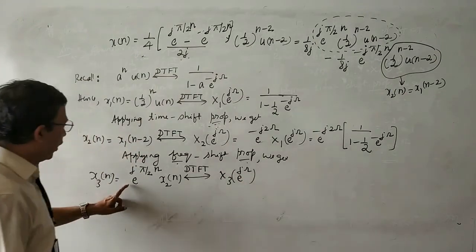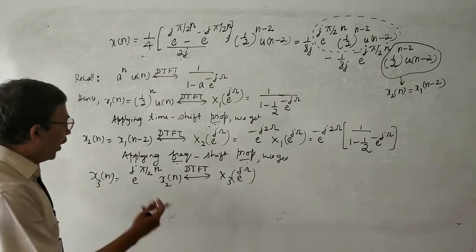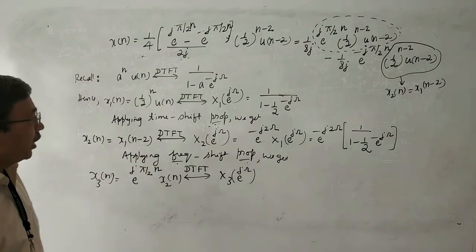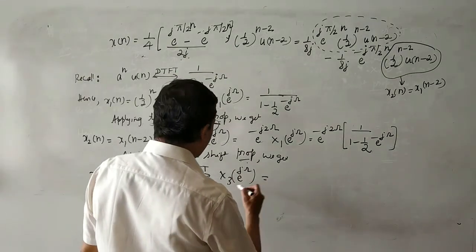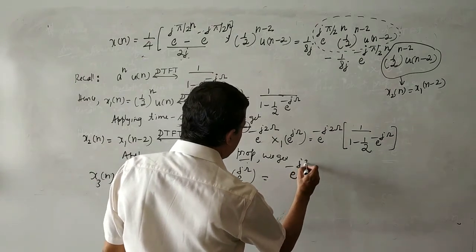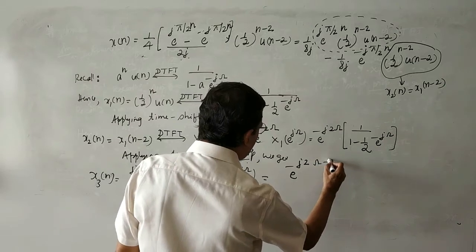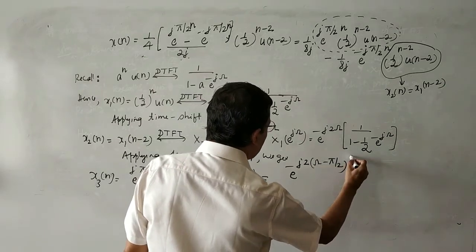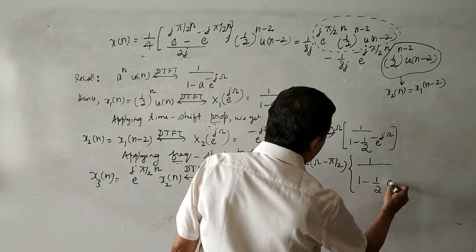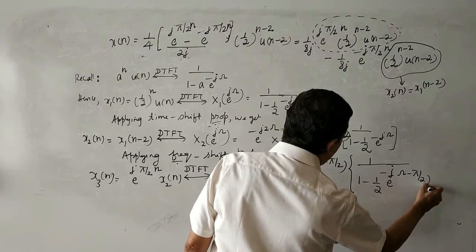When you multiply x2 of n by e to the power j pi by 2 into n, omega will get replaced by omega minus pi by 2. So what you get here? You get e to the power minus j 2 into omega minus pi by 2 into 1 over 1 minus half e to the power minus j omega minus pi by 2.